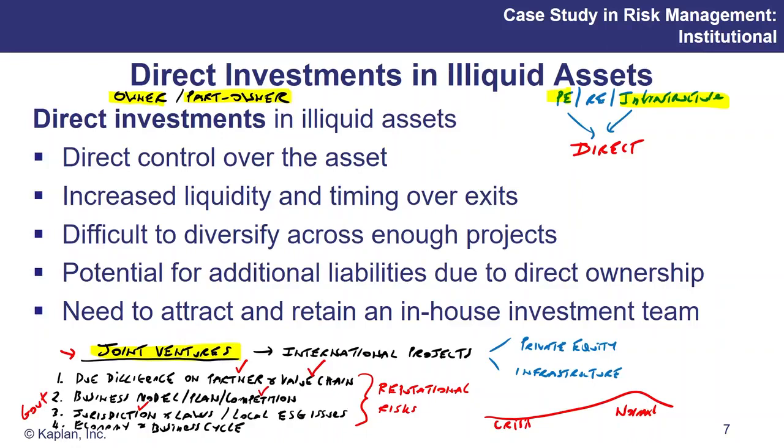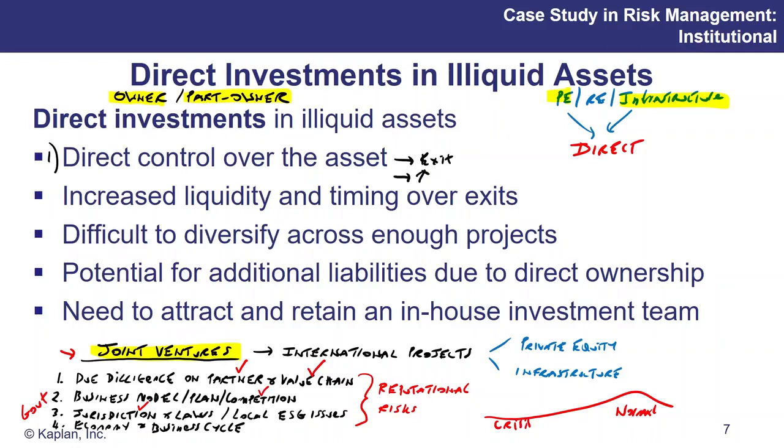So, looking at this direct approach coming in, what might be firstly some of the advantages? Number one, first advantage, you've got direct control over the asset. Now, this is especially important, I guess, for when you decide to exit. If you have direct control, you have greater liquidity, guys.